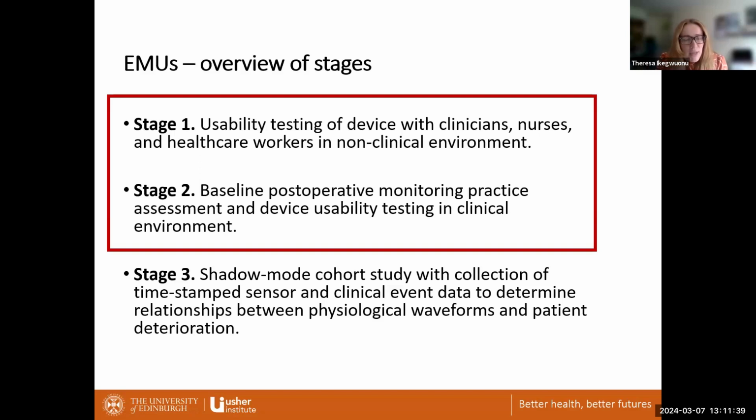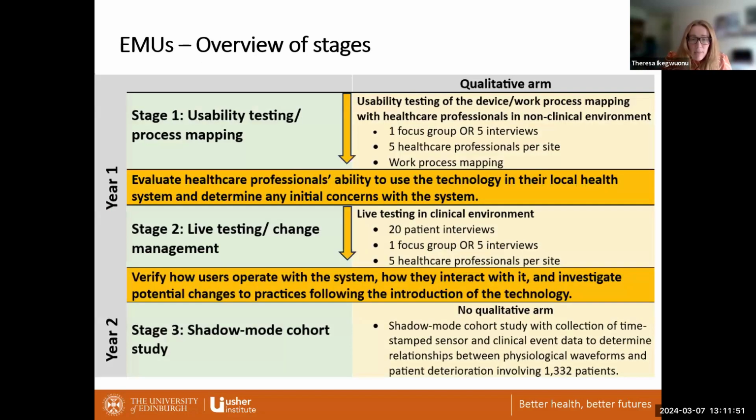Stage 3 is a shadow mode cohort study with the collection of time-stamped sensor and clinical event data. I've highlighted stage 1 and stage 2 because that's what we are focusing on. You will see in this table that stage 3 for EMUs doesn't actually have a qualitative arm. So we are really focusing on stage 1 and stage 2.